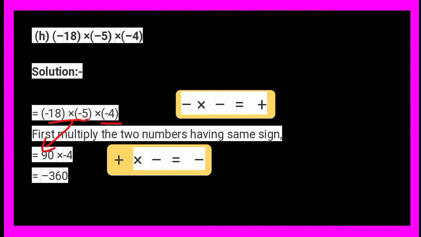Then after we will multiply it with minus 4. Now 90 multiplied by minus 4 is equal to minus 360, because we know that this integer is plus and next integer is minus. So plus minus minus. So our answer is also negative, and answer is minus 360.